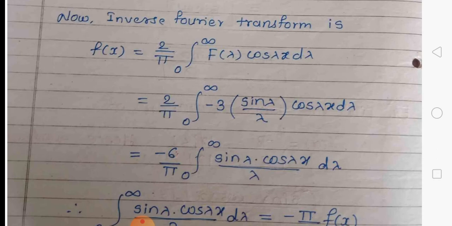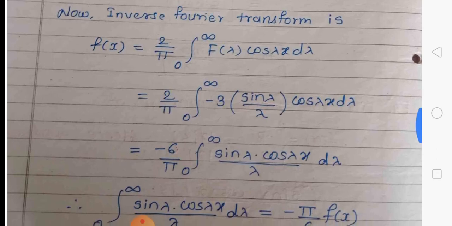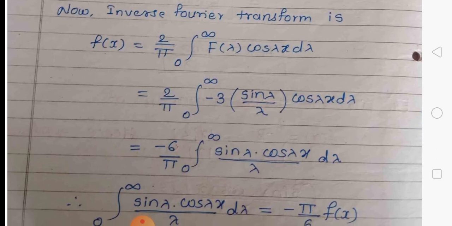Here we have found the value of F of lambda, therefore we substitute it in the integration. Therefore we get 2 upon pi times the integral from 0 to infinity of minus 3 sin lambda upon lambda cos lambda x d lambda.